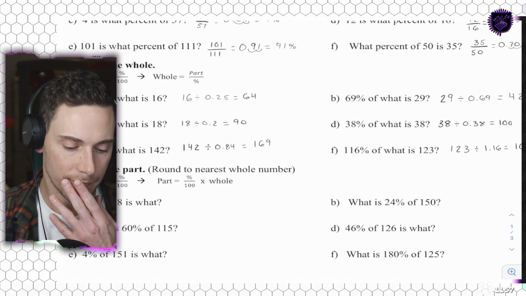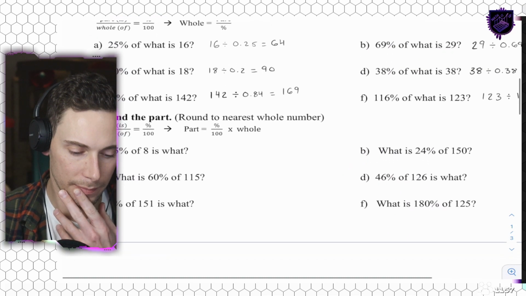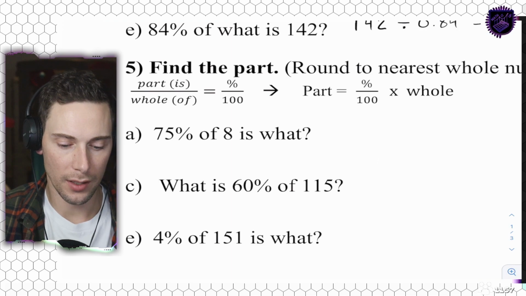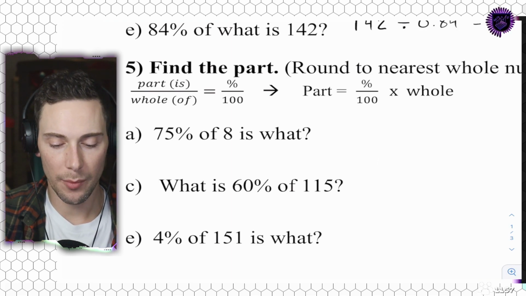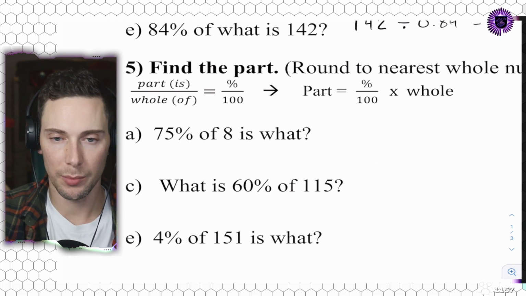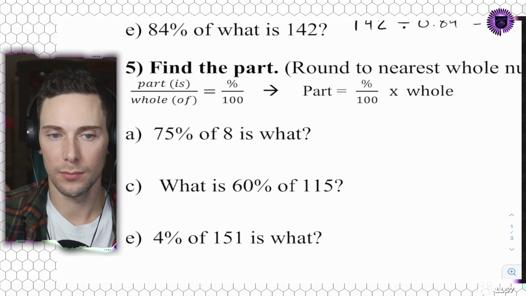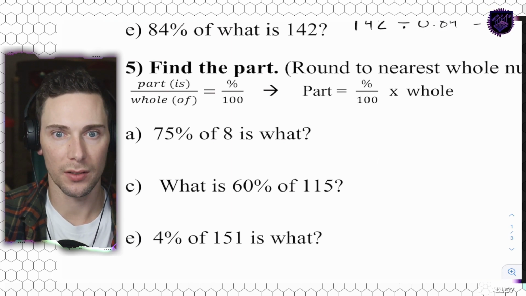Okay. This next one here. It says, find the part. To find the part, you're going to take the percent and multiply it by the whole. You're going to multiply the decimal form of the percent.